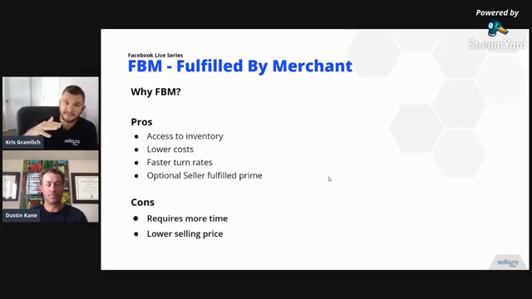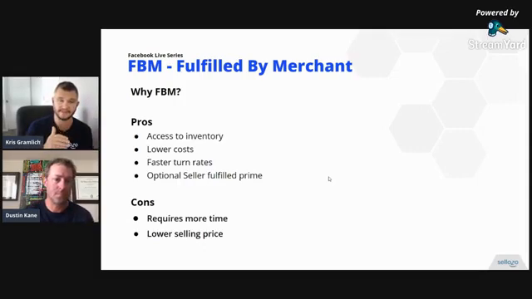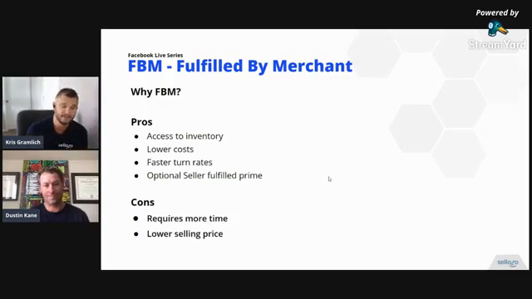It's lower cost, so you're not paying all the fees that Amazon charges for an FBA shipment. Faster turn rates. You can ship it immediately. You can turn your inventory faster. And then there is an optional self-fulfilled Prime. Now, this is becoming more of an issue where sellers are going to have to meet Amazon's policies before they do self-fulfilled Prime.